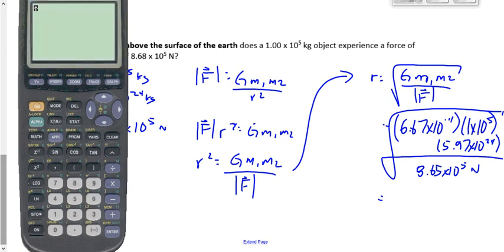I get the square root, bracket 6.67 times 10 to the negative 11 times 1 times 10 to the 5 times 5.97 times 10 to the 24. Divide that by 8.65 EE 5.